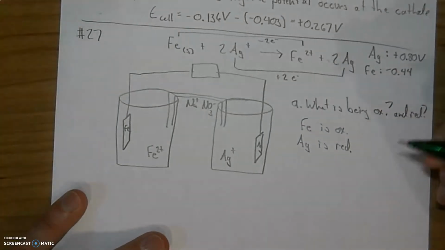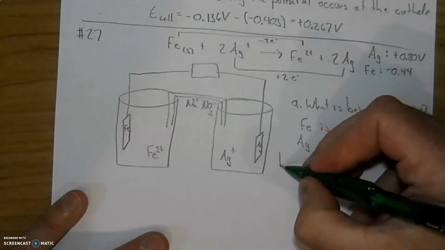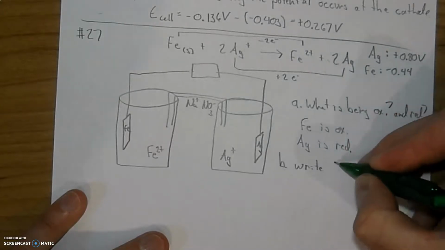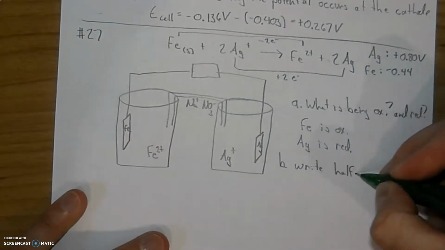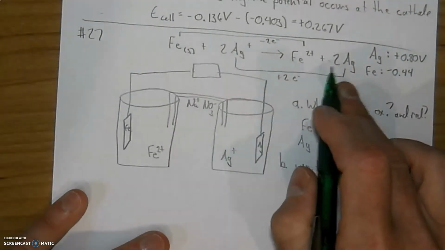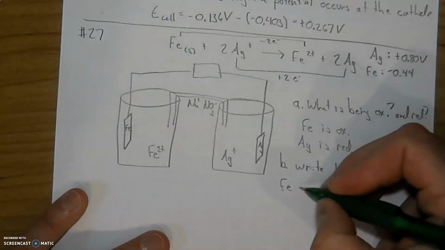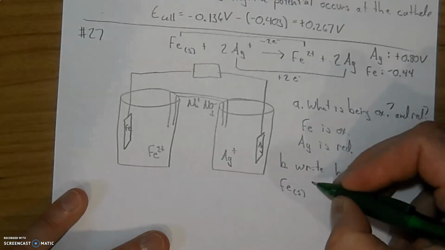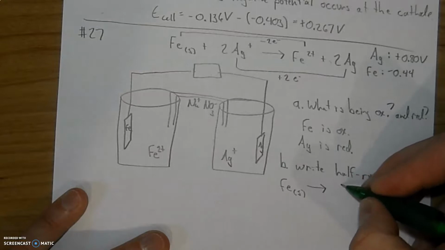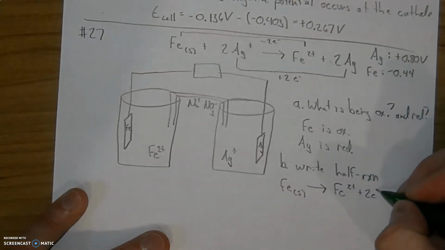Okay, that's easy. Next part, we'll do part B here, and then we'll call it quits at that, and we'll pick it up in the next lecture. But for part B, we're simply being asked to write the half reactions for that. Well, that's pretty easy. They're pretty much right here. I just got to pull them out. Iron, solid, is turning into iron ions and some electrons.